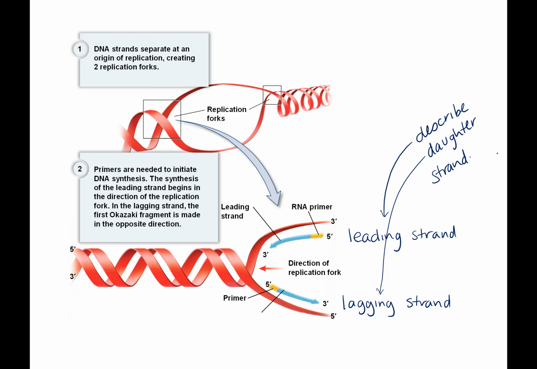I want you to notice they're both made 5' to 3', 5' to 3'. Okay. The leading strand is made towards the replication fork. The lagging strand is made away from the replication fork.